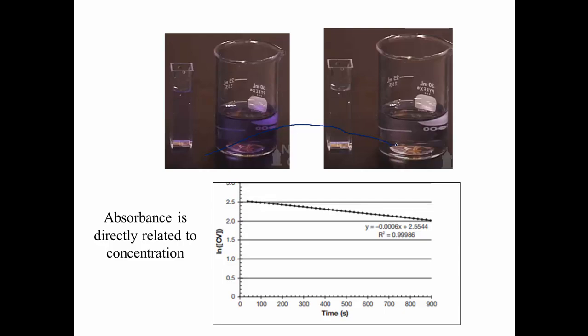As the dye faded from a pale purple to colorless, you got a line. Since absorbance is directly related to concentration, you looked to see whether that line was a straight line with the natural log, or with concentration, or with inverse of concentration, and that gave you your order.